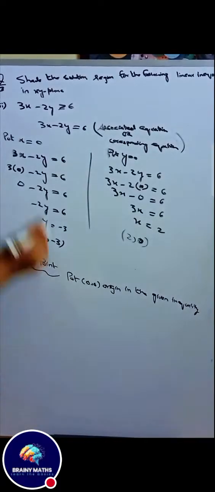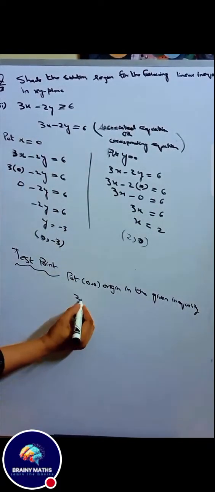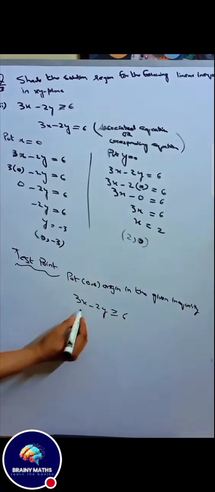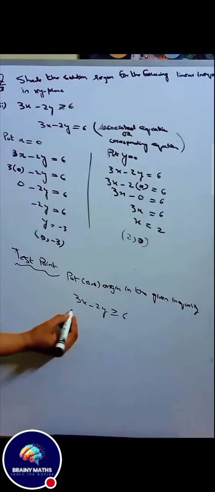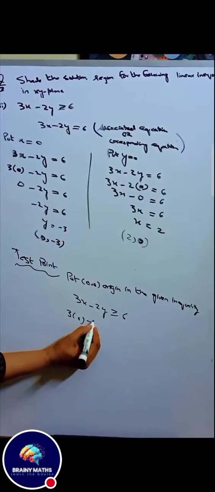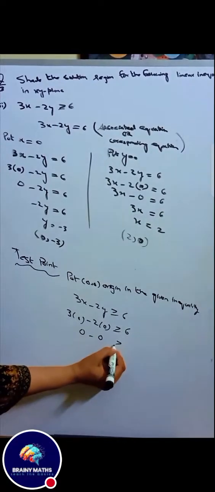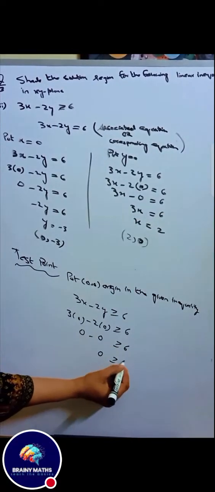So what does it become? The inequality is 3x minus 2y greater than or equal to 6. Put x is 0 and y is also 0. 0 minus 0 greater than or equal to 6, 0 greater than or equal to 6.